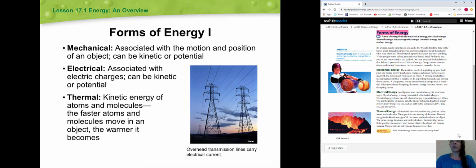If the particles in an object start to move faster, the object will become warmer. The particles in hot volcanic lava move very fast. So thermal, kinetic energy of atoms and molecules. The faster the atoms and molecules move within an object, the warmer it becomes.